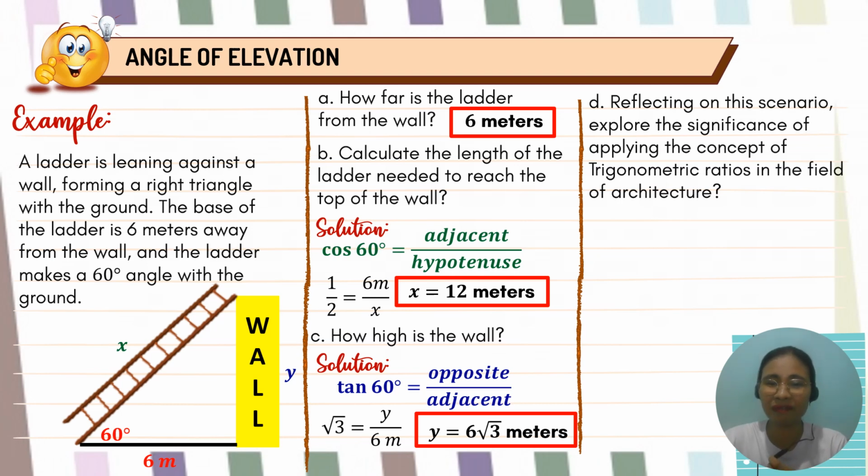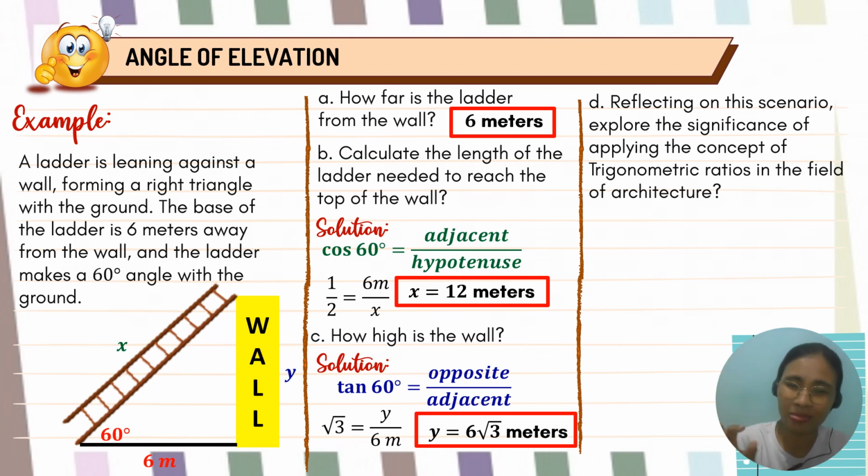Next is we have, when you are going to try to reflect on the scenario, how are we going to explore the significance of applying the concept of trigonometric ratios in the field of architecture? So take note, when we are talking about architecture, we're going to draw and make a representation out of whatever is the structure that they are going to create.